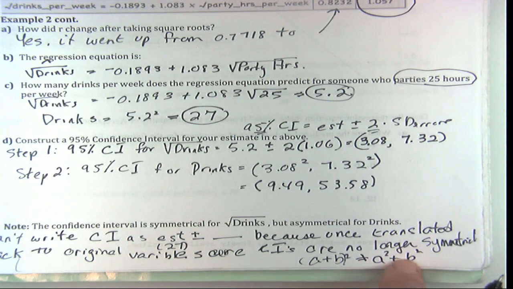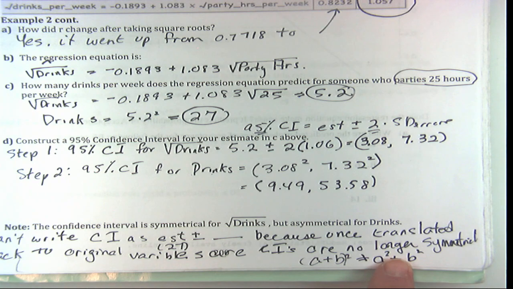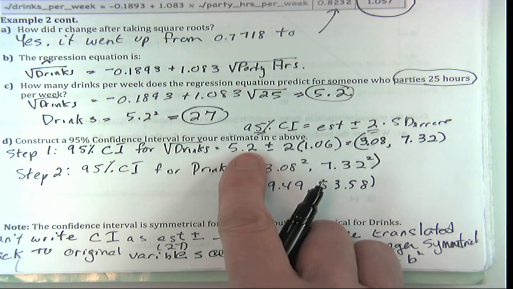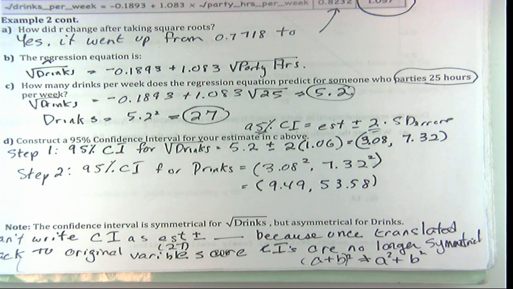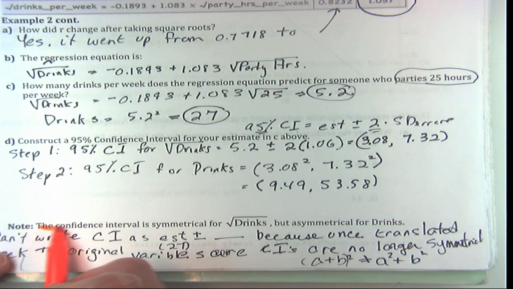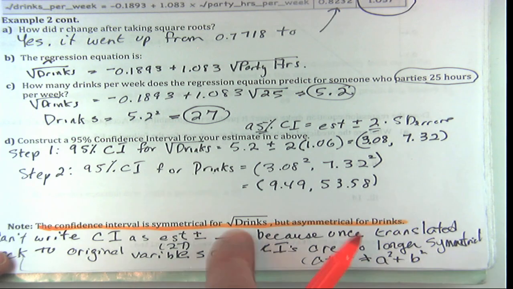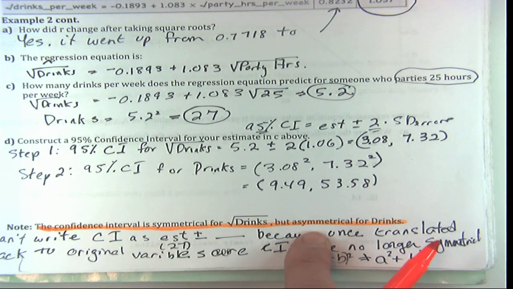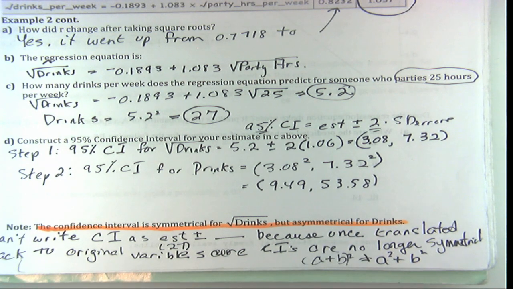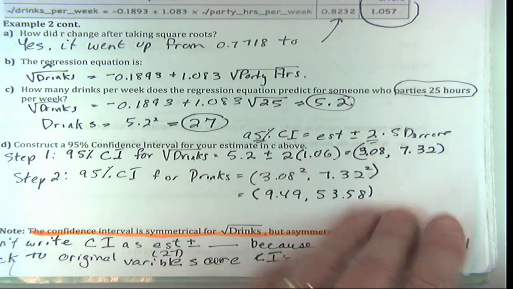So you can't just do it that way. You can't just say, oh, 5.2 squared plus or minus this squared. Okay? And you can't do it with logarithms either. So you get these asymmetrical confidence intervals. Always. They're always symmetrical around your transformed variables, but when you put it back into the original variables, they're no longer symmetrical. So that's the idea.